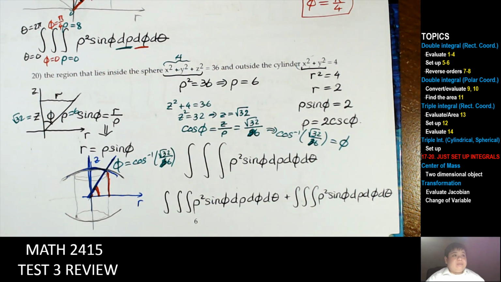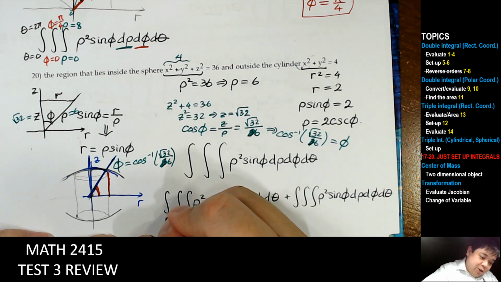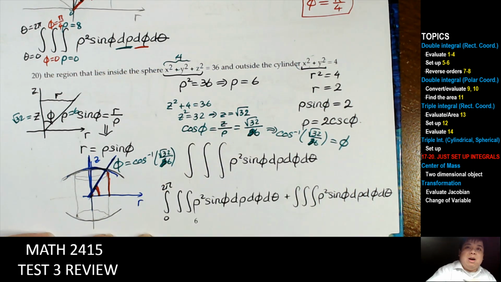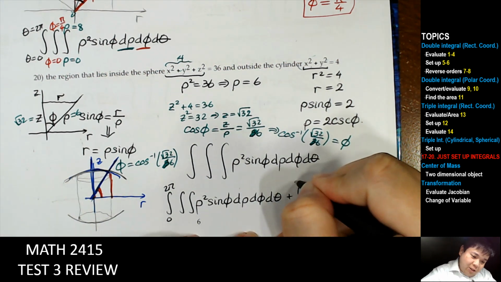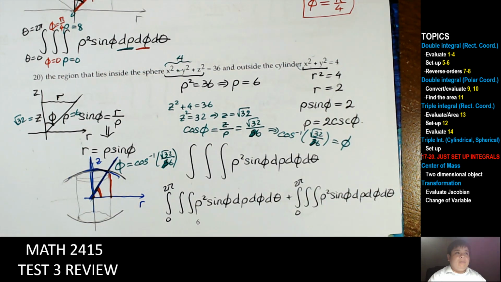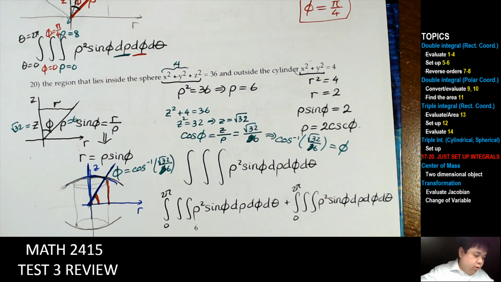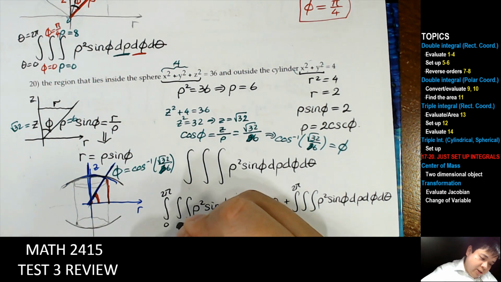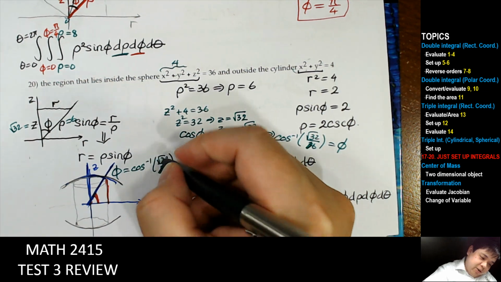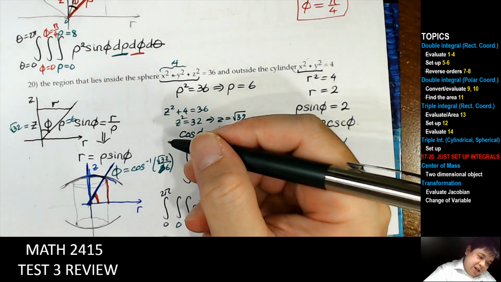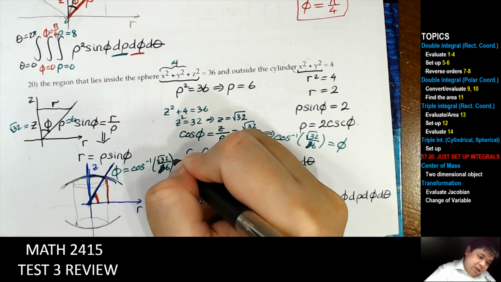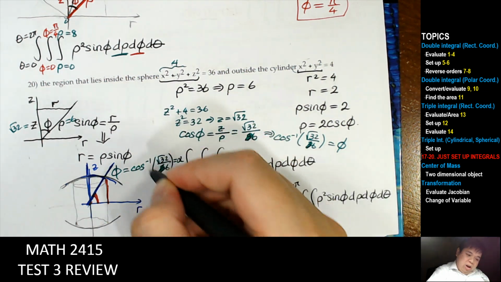Right. Now, the easiest part, theta from 0 to 2 pi, we don't have to worry much about that. Now, first, if we go from 0 to whatever this angle is, let's call that angle alpha, so we don't have to write the whole thing.